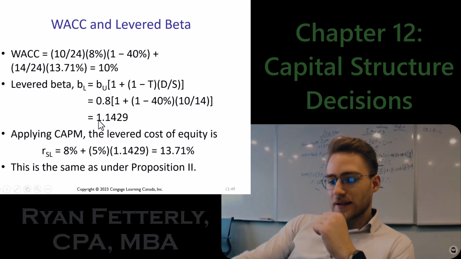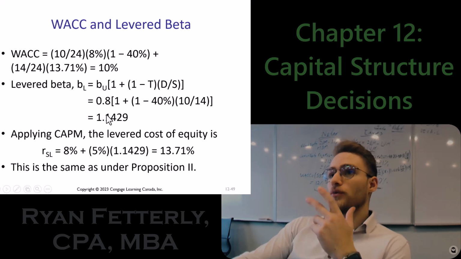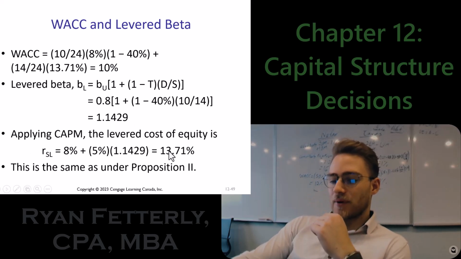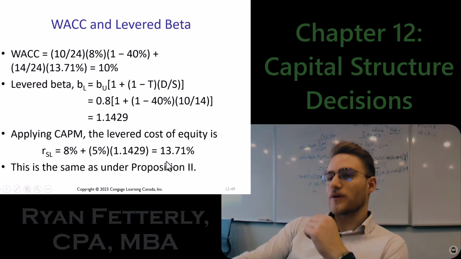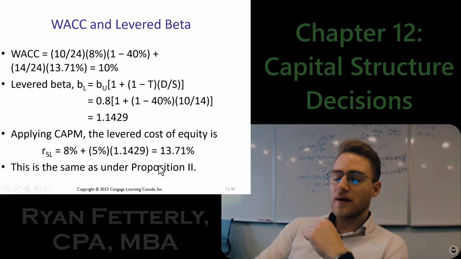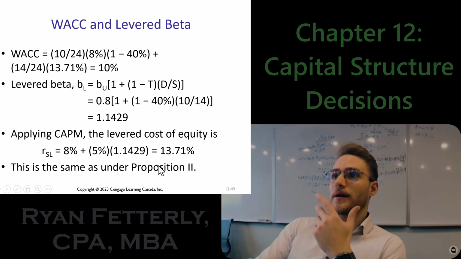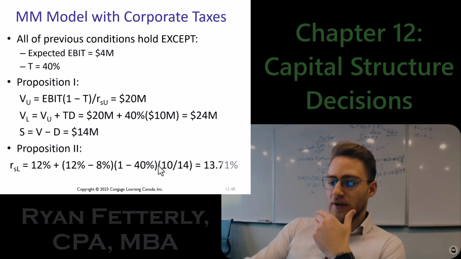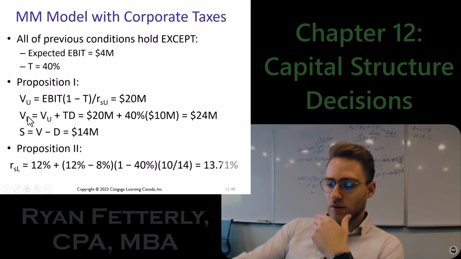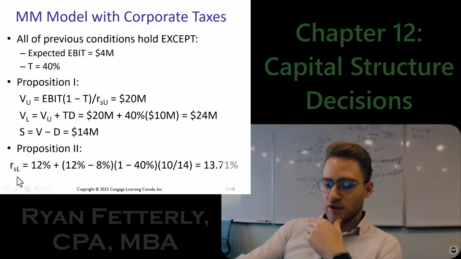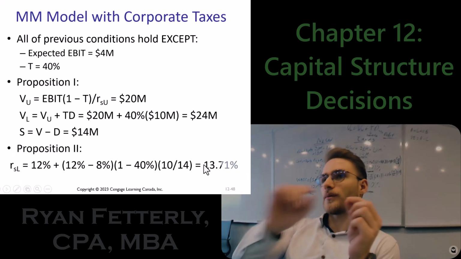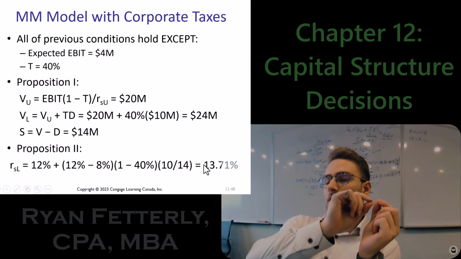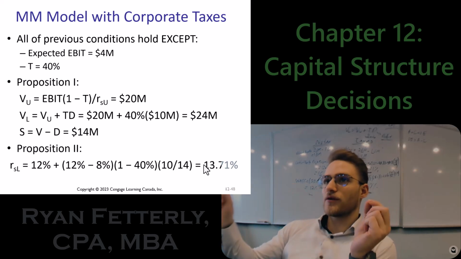So if I take this 1.1429, my new beta, and plug it into the capital asset pricing model, funny enough, of course, you get the 13.71% required return from my leveraged shareholders, which perfectly matches what I did over here. That is RSL in my calculation from converting my unleveraged cost of equity to my leveraged cost of equity.